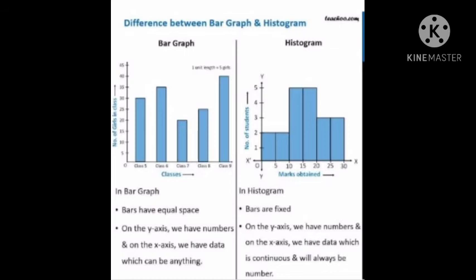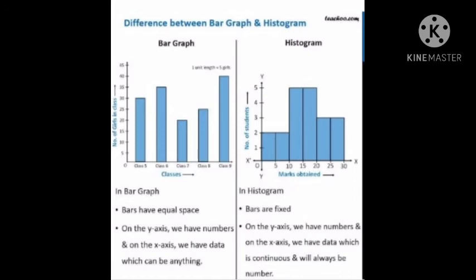At the same time, in the next graph, the histogram, you can see that the bars or rectangles are fixed. Fixed means there is no space between each of these rectangles. And another thing is that on the x-axis and y-axis the numbers are represented.